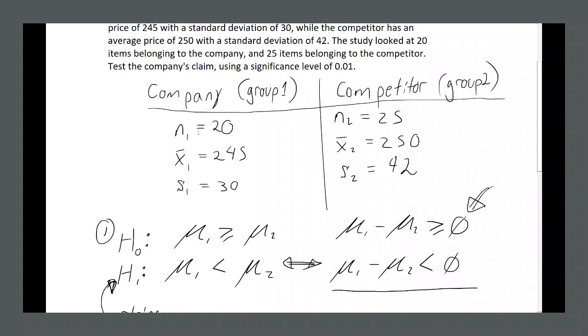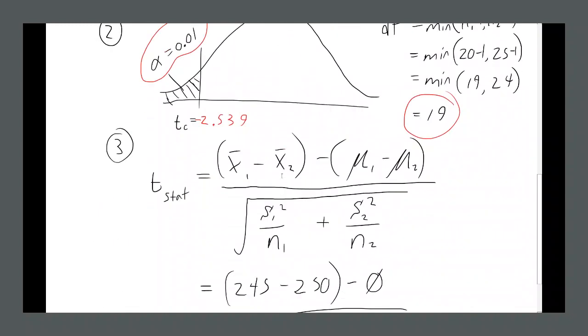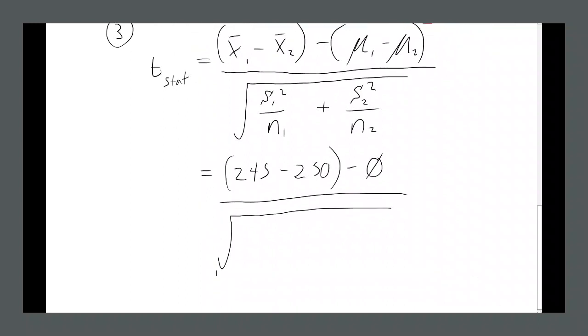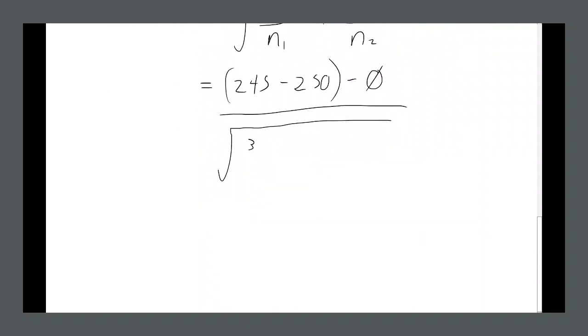So we're going to have 30 squared divided by 20 plus 42 squared divided by 25. And then we just calculate what this comes to.